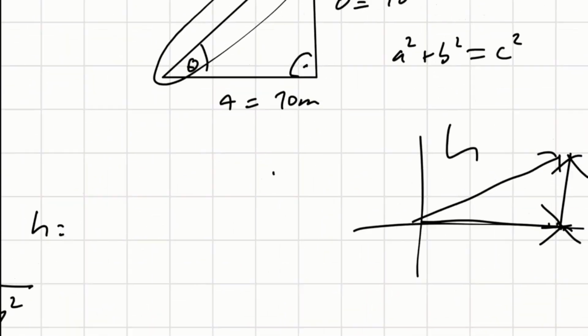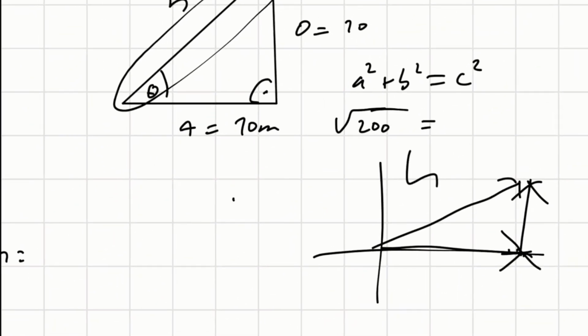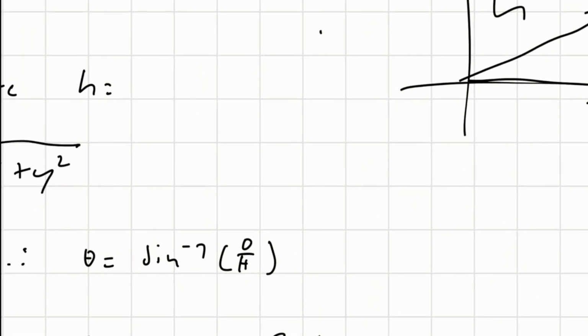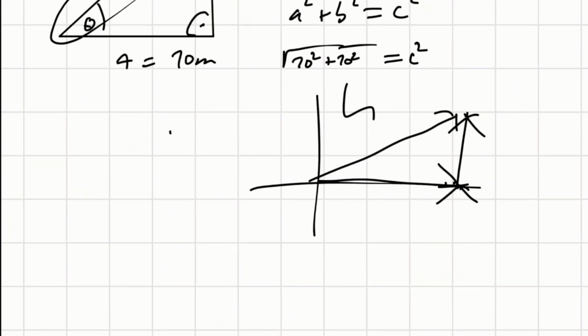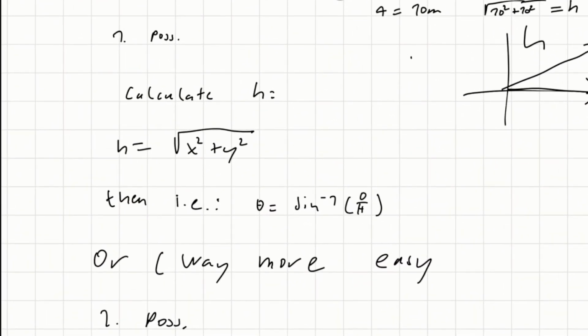So 10 squared plus 10 squared equals c squared, so 200 would be equal to c squared. Sorry, in this case h, it's getting late again.